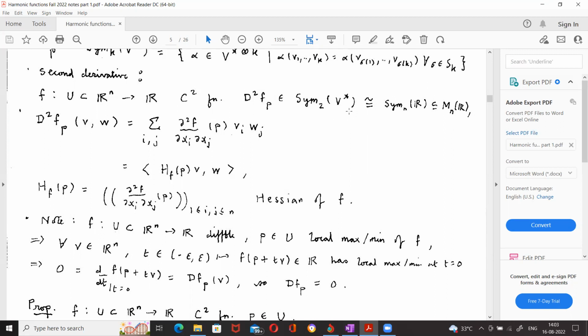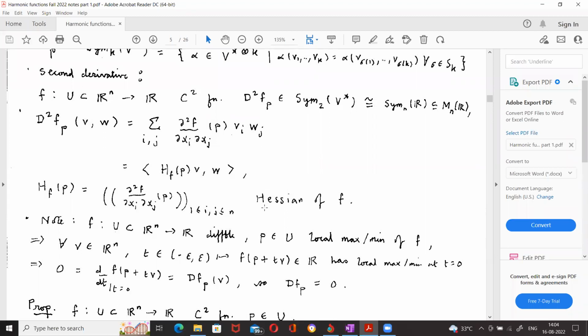So the second derivative could be identified with a symmetric matrix H such that d^2 f of v comma w is the inner product of Hv comma w, where H is the symmetric matrix associated to the symmetric bilinear form. And this matrix H was the matrix of second order partial derivatives, del^2 f over del x_i del x_j. This is called the Hessian matrix of f. Okay.